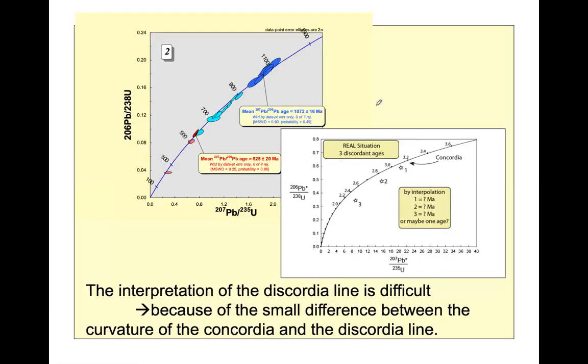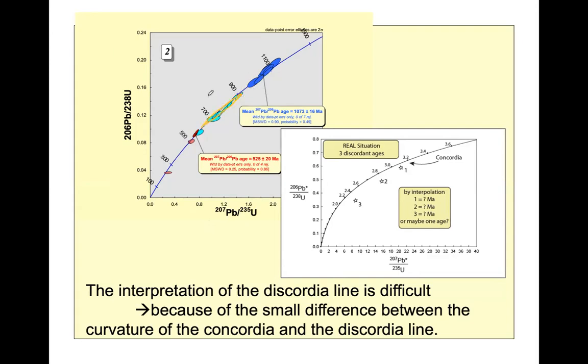Another example. I think it's the same example, but as you see at first, it's very hard to interpret this discordia line because it's very close to the Concordia, right?